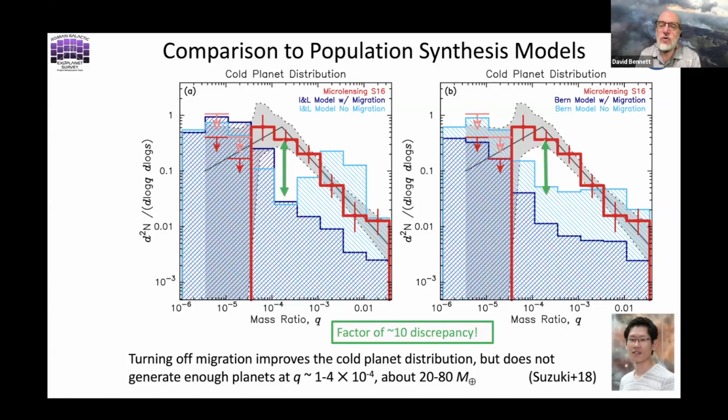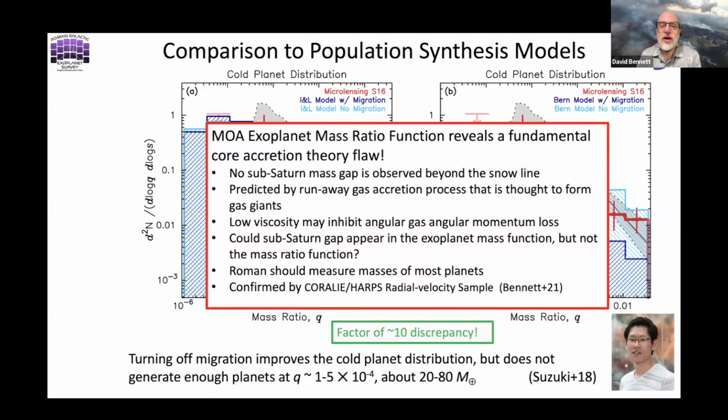We didn't confirm this prediction, and we think that this might have to do with the protoplanetary disks having less viscosity than is sometimes assumed in these calculations, which makes it harder for the gas to lose its angular momentum to fall onto the growing planets.